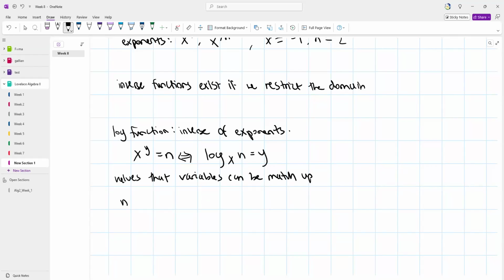And I think by convention, there are some domain restrictions that we just follow, even though technically some work out. So I believe n is greater than 0, and you also have x is greater than 0, and y can be anything, I think, so it's in the reals.